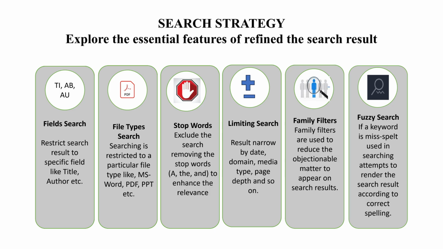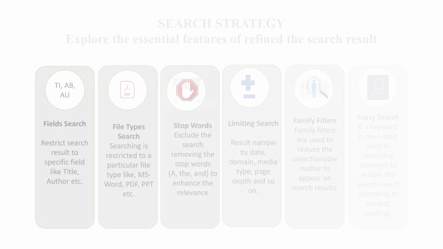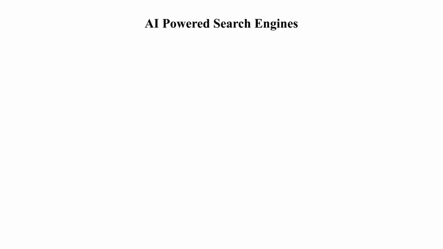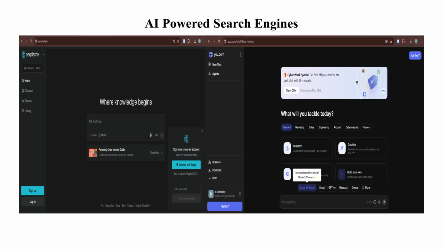My dear friends, as you all know, artificial intelligence tools are transforming the way we work. AI enabled search engines have now become a very powerful tool in our everyday activity.